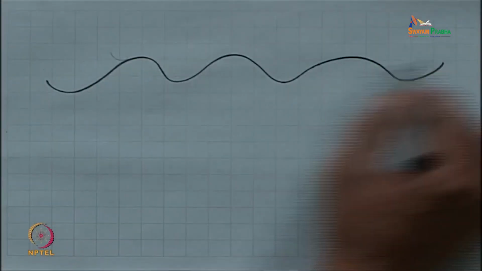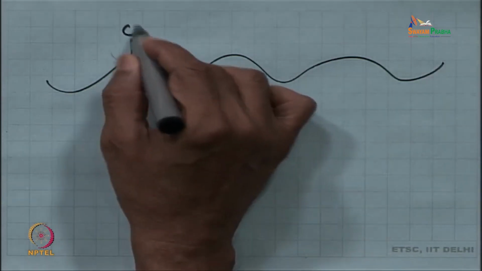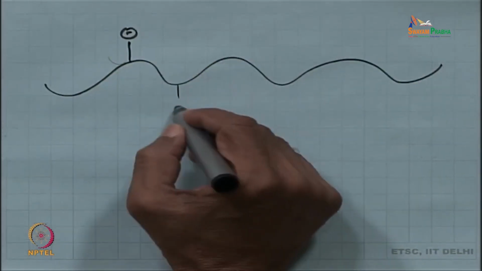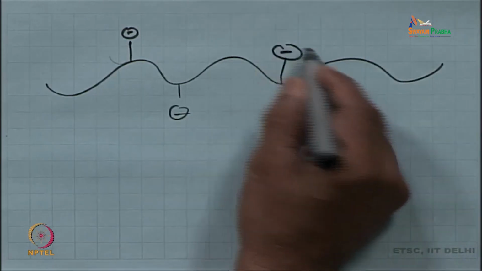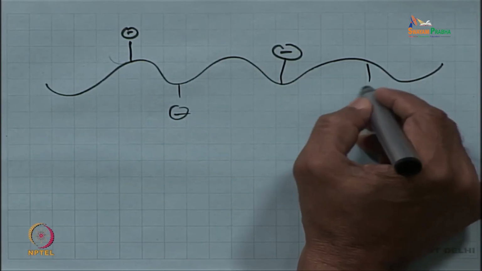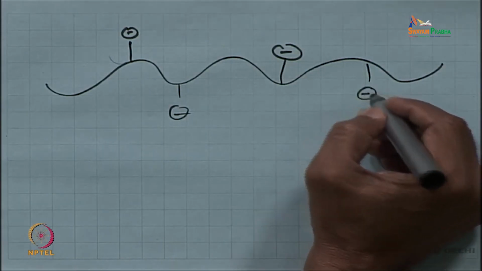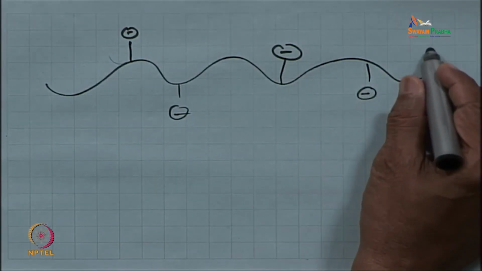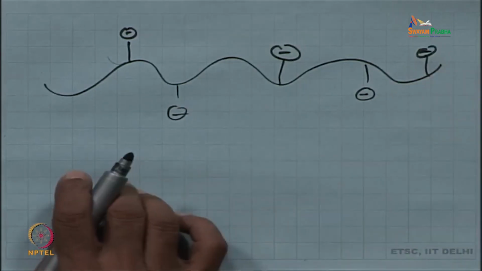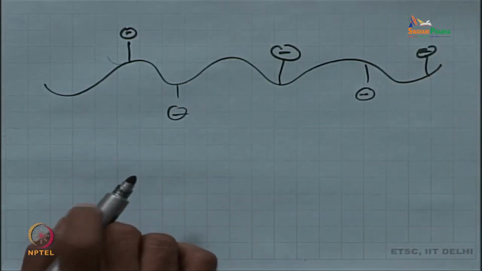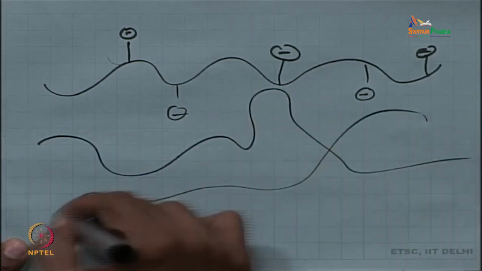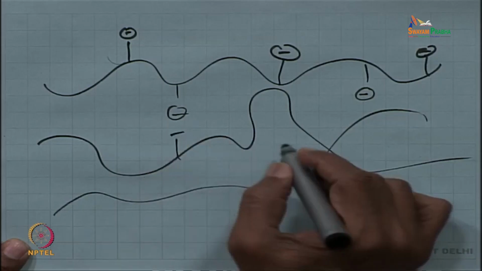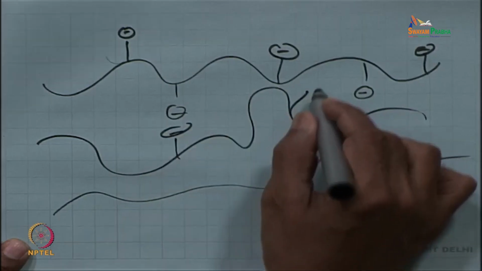For example, if you have this polymeric molecule and you generate negative charge because of change of pH, so you have a large number of, let us say, negatively charged sites, and then there are so many molecules like this, and all of them have negative charges, all right.